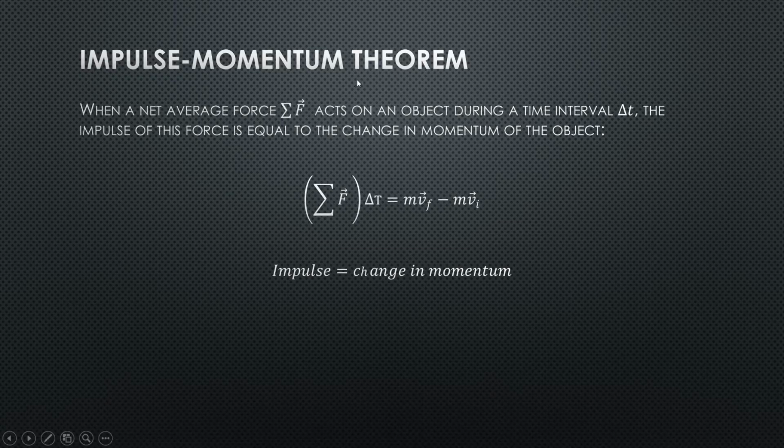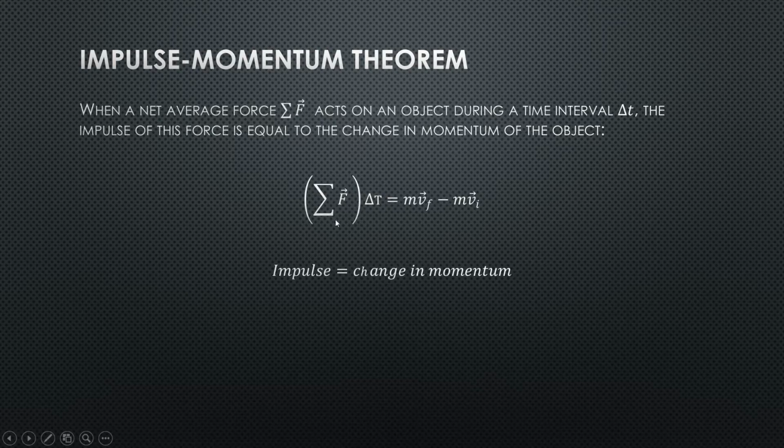So, the impulse-momentum theorem: when a net average force acts on an object during a time interval, a change in time, the impulse of this force is equal to the change in momentum of the object. By definition, force multiplied by time is simply impulse.